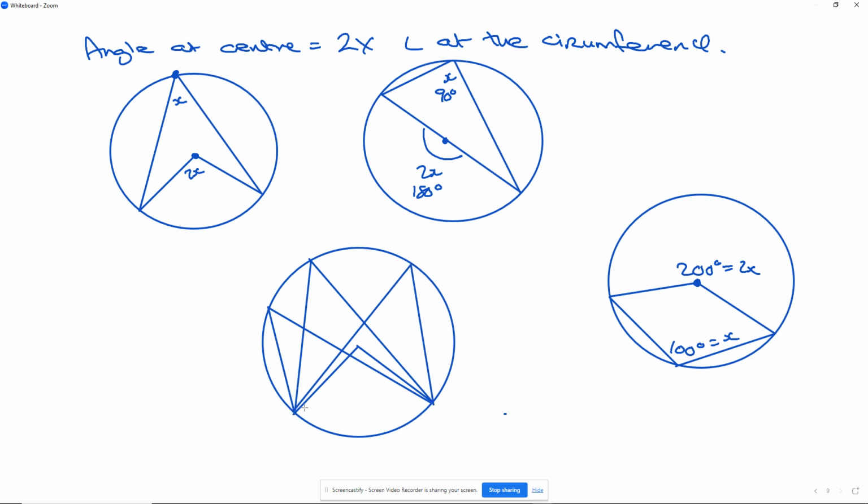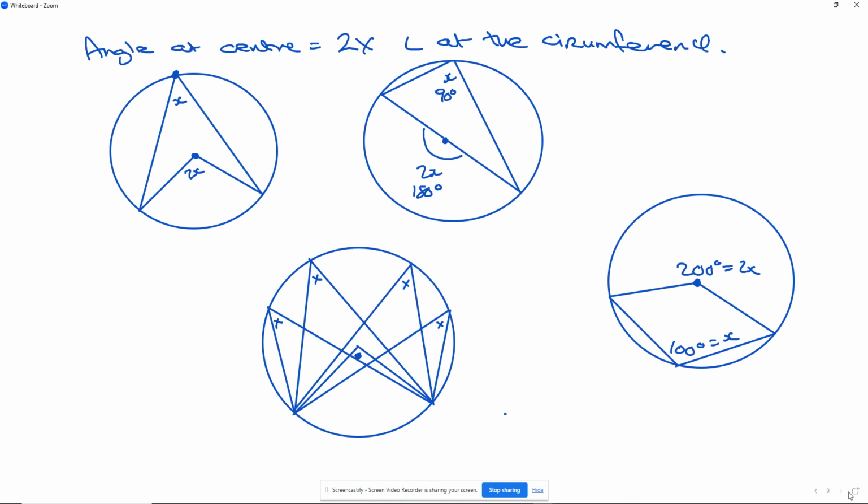From there, and from there to there, it's starting to look like it's got a pattern involved in it. But this angle over here is 2 times each and every one of those angles, and those angles end up exactly the same.